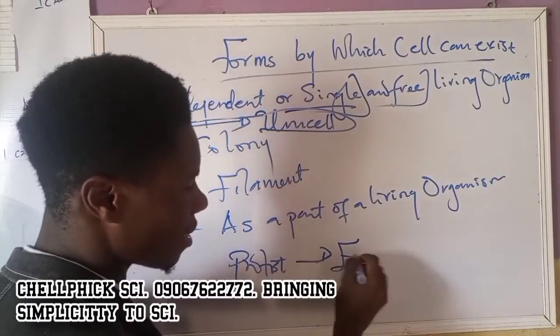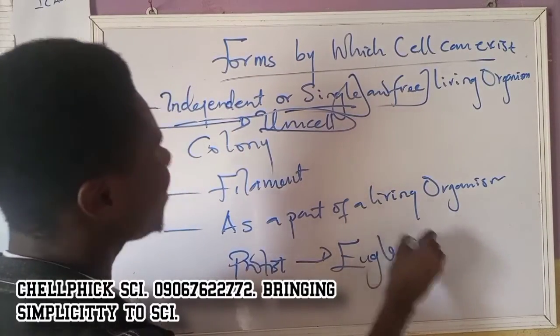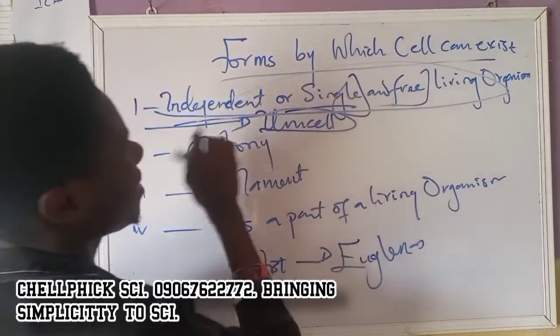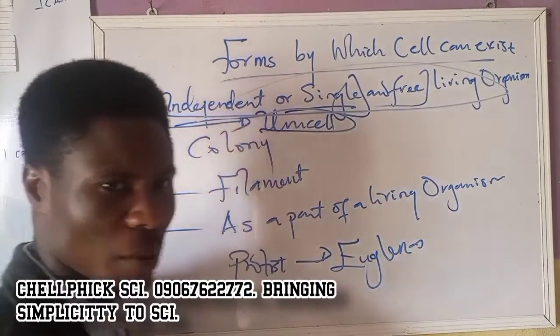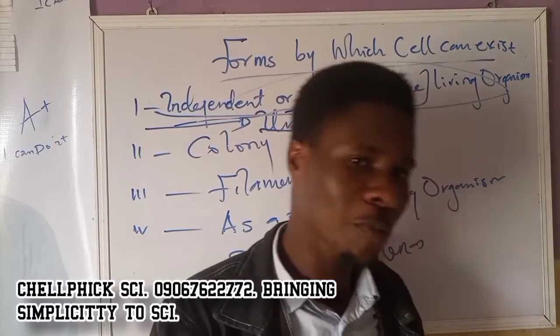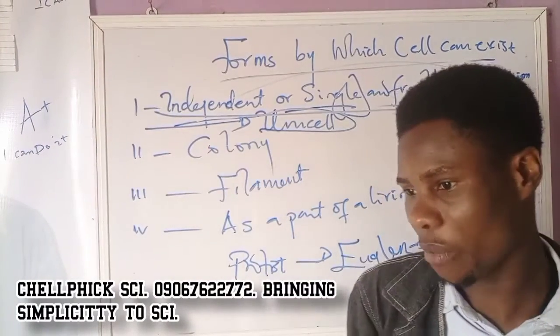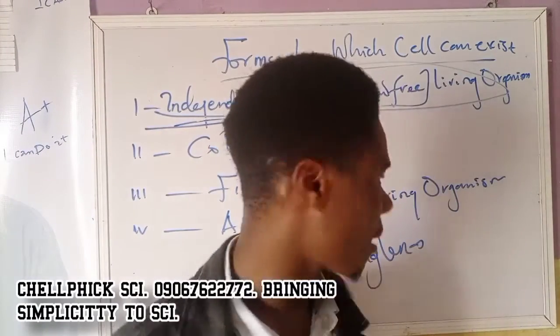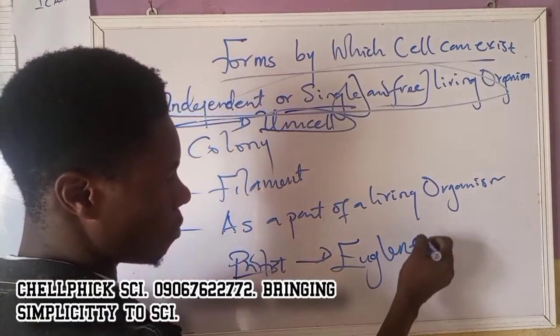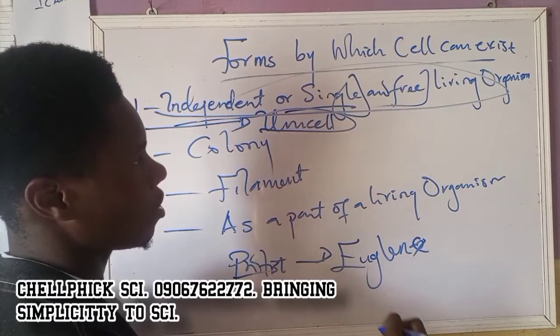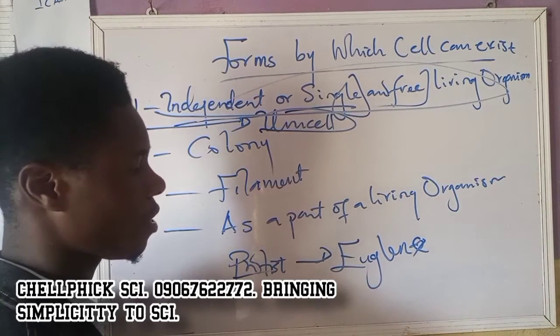Look at Euglena as an example. Euglena exists as an independent, single and free living cell. It does not depend on anything. It has both plant and animal characteristics. It can behave as a plant and it can behave as an animal. Most protists happen to be independent or single and free living organisms.